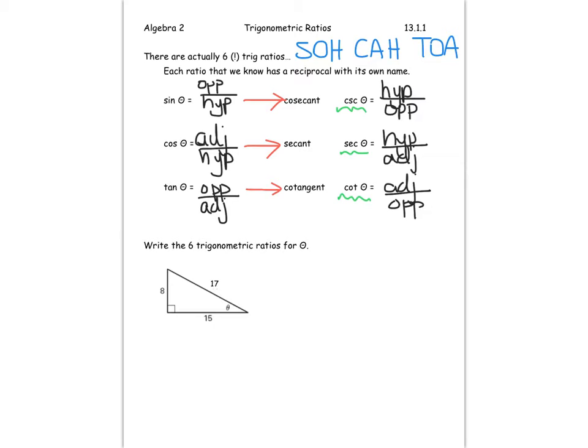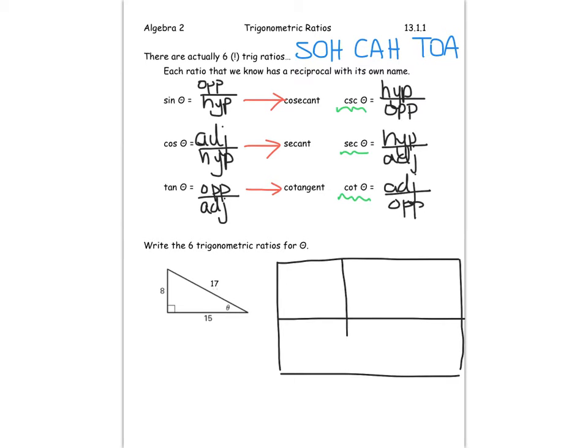Okay, so for today, this is what we're trying. When you see your work, you'll find a table that has 6 boxes in it for you to write your answers. Hopefully I've given myself enough space here.